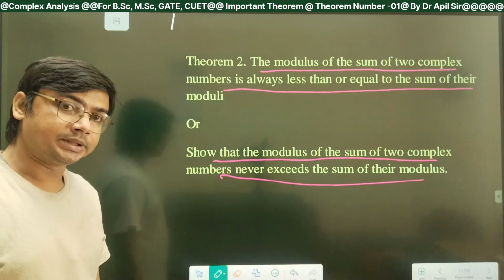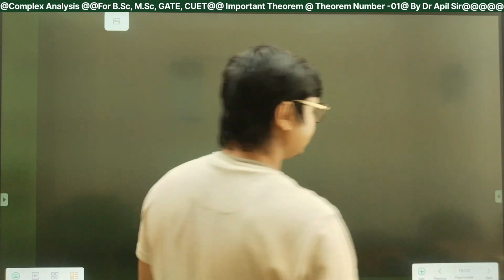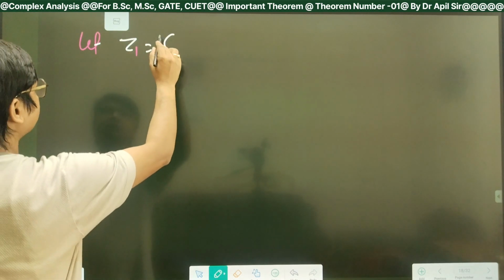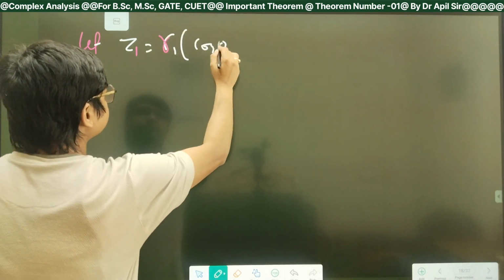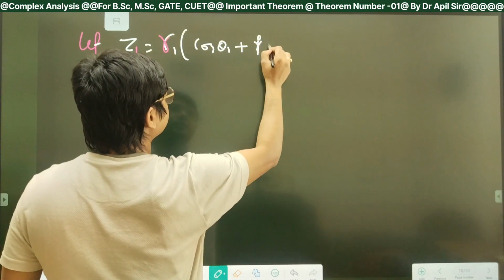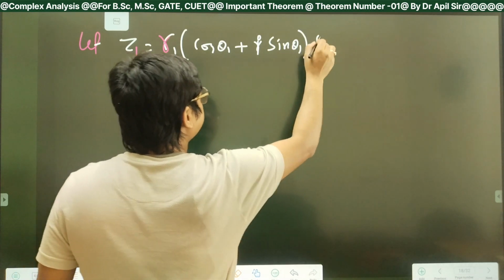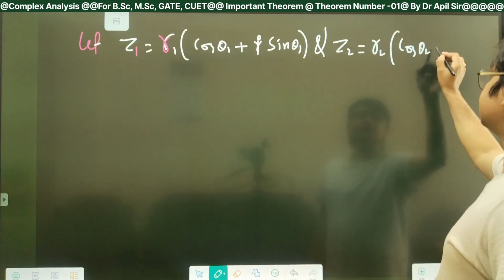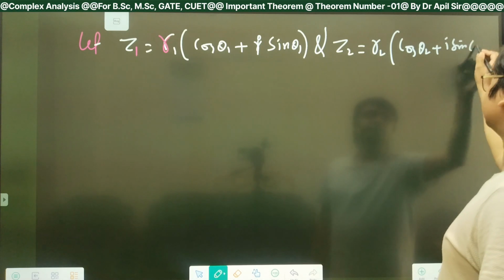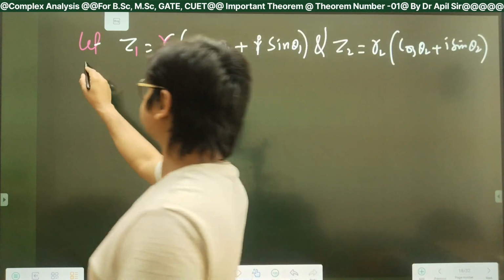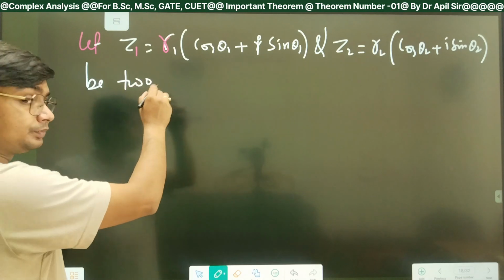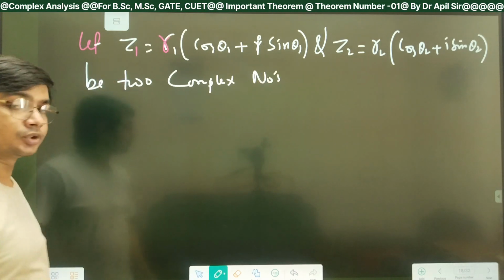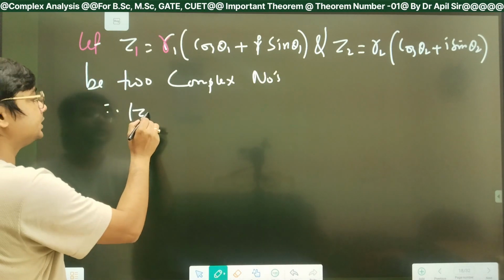There are many methods to prove this theorem. Here I will use one easy method. We consider Z1 equal to R1 of cos theta 1 plus i of sin theta 1, and Z2 equal to R2 of cos theta 2 plus i of sin theta 2, two complex numbers. So what will be the modulus of Z1?